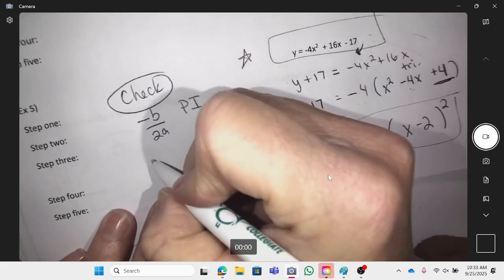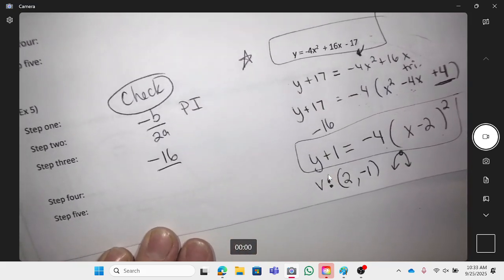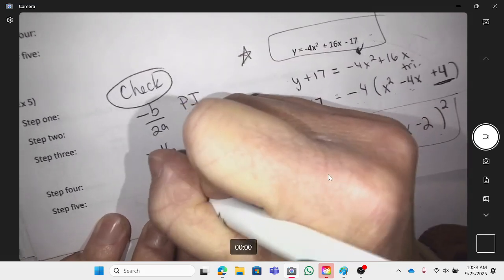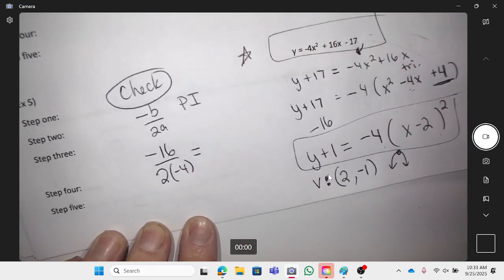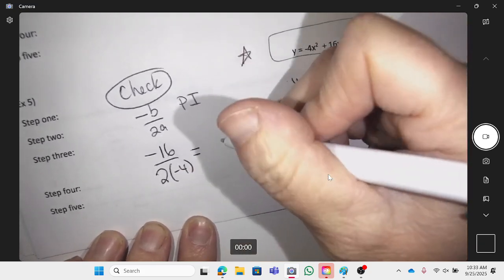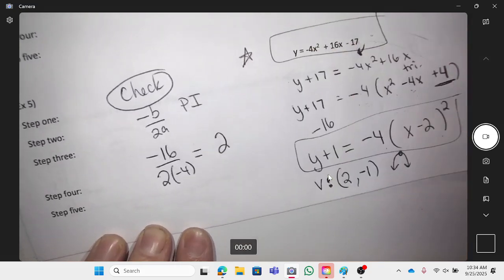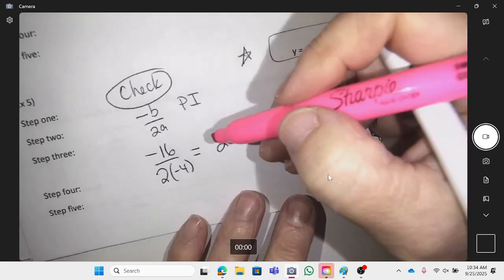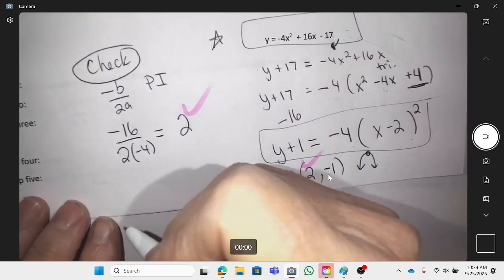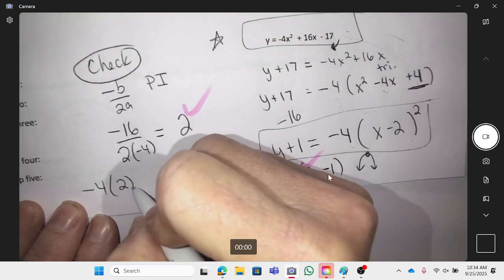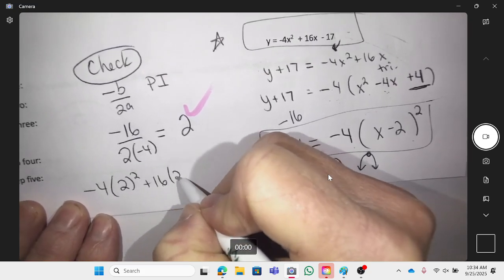Okay, here we go. Opposite 16 over 2 times negative 4 makes 2. Guess what? Check. We did that part. Same thing. Okay, plug in. What's negative 4 times 2 squared plus 16 times 2?